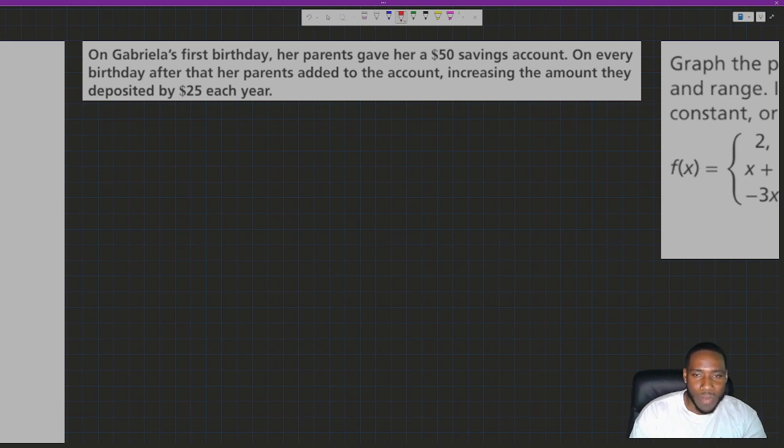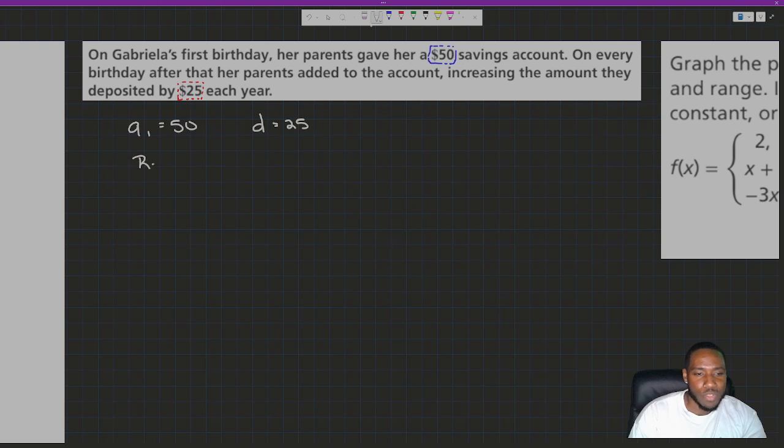Let's say that we wanted to write the arithmetic recursive and explicit rules for this scenario. So we should recognize that the first term is the $50, and that our common difference is $25 each year, right? So A1 equals 50, D equals 25.